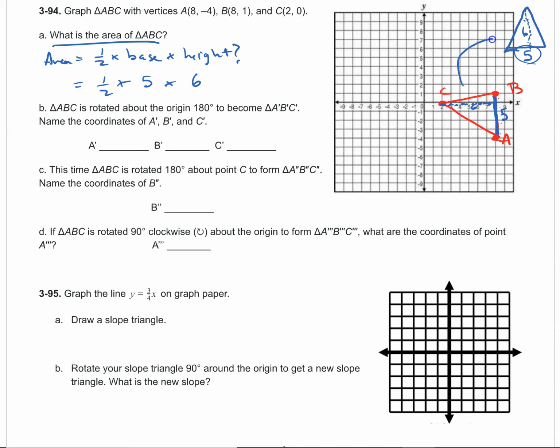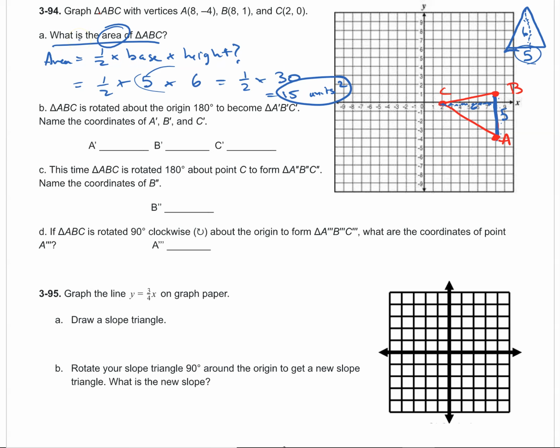So you kind of have to rotate the triangle upright to be able to see this one, but that's how you do it. So we have 1/2 times 5 times 6. That's 1/2 times 30, and that's 15 units square. Don't forget to square your units because it's area.